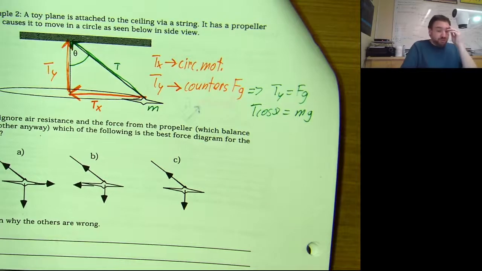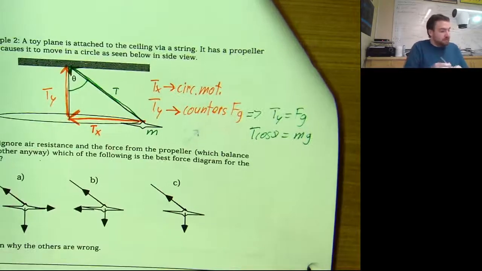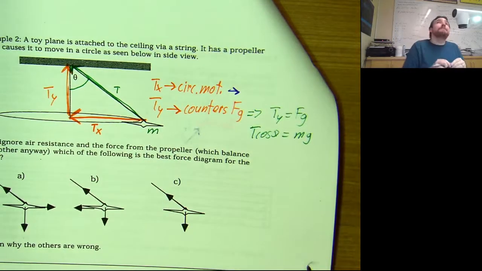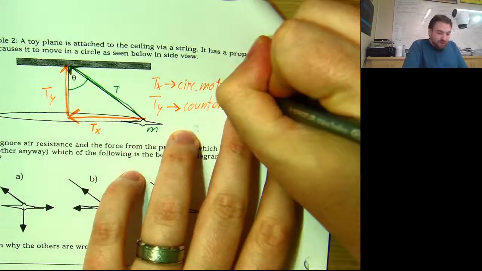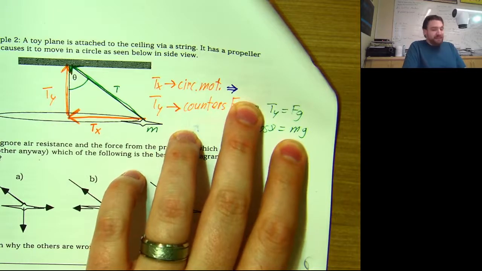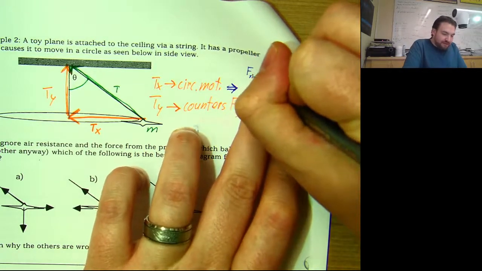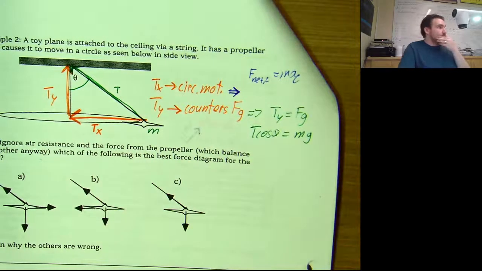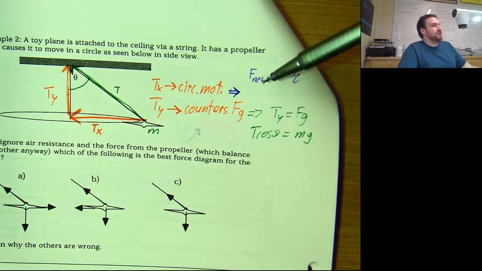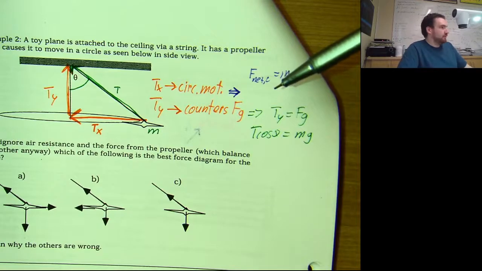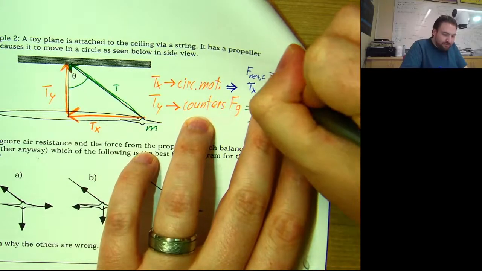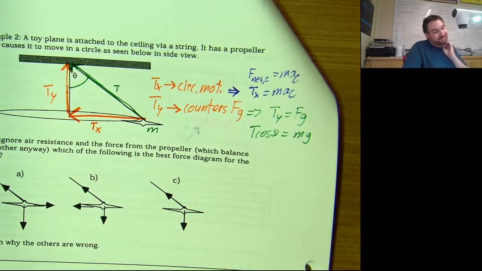Now dealing with the circular motion piece, for an object in circular motion, our F net equation still applies: F net C equals m a C. So what are my net forces acting centripetally? That's where the Tx is coming in. So Tx is going to equal m a C. How is Tx related to T?